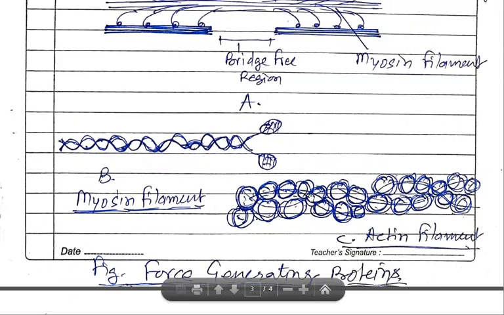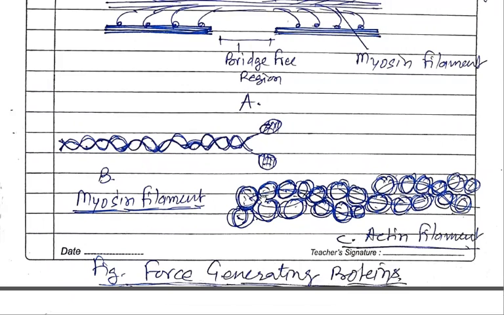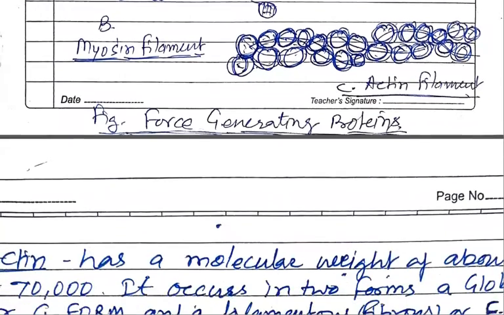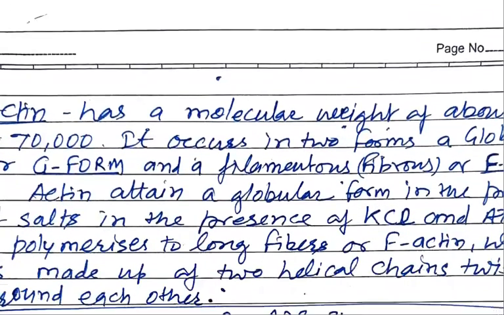And these globular parts are arranged to make the filamentous part of actin. Actin is a coiled filament of globular protein. These are the force generating proteins.